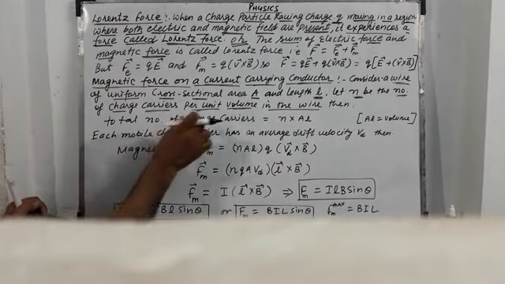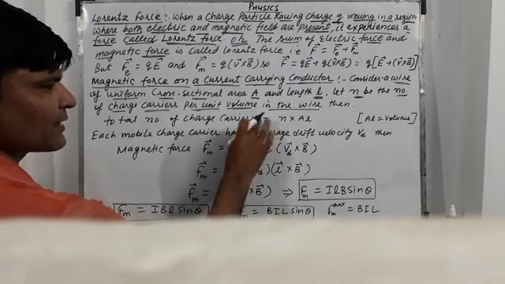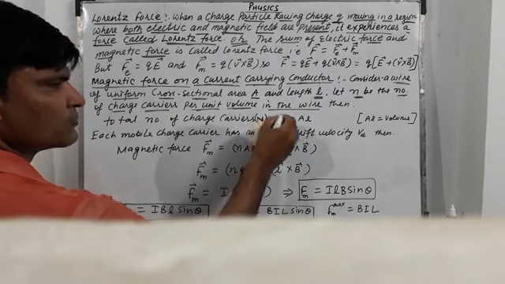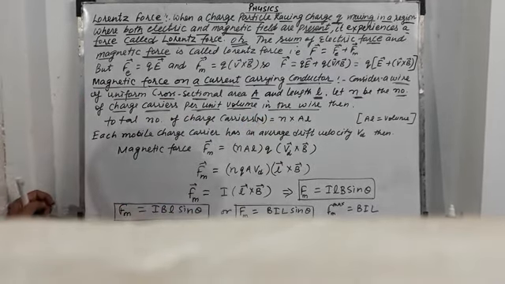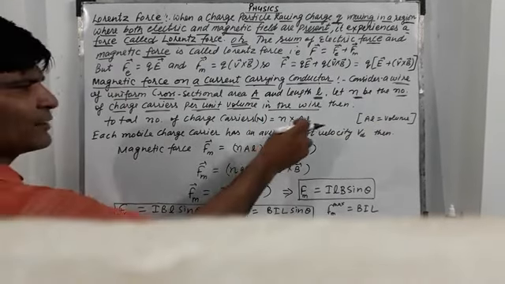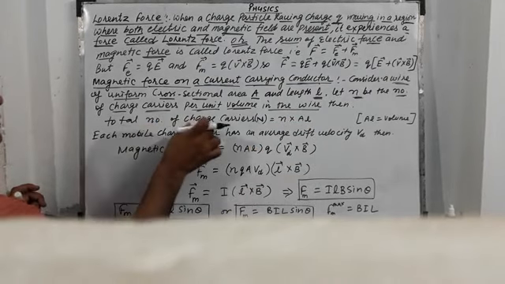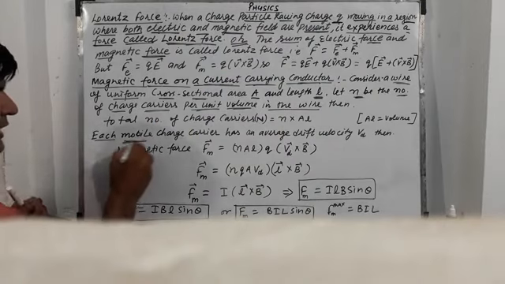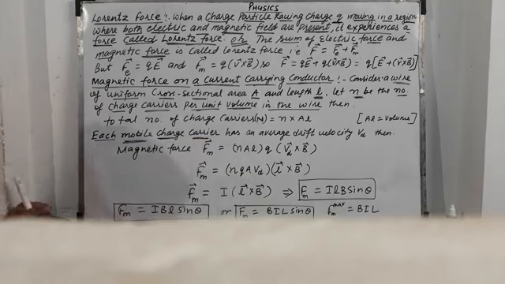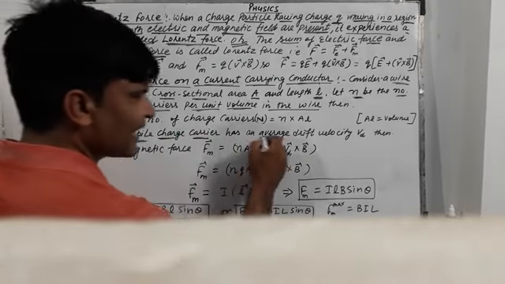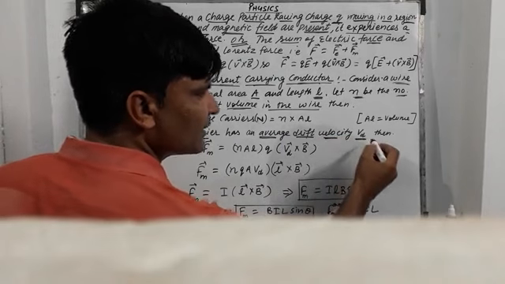Then the total number of charge carriers, capital N, is equal to small n into AL. AL represents the volume, so n into AL represents the total number of charge carriers. Now each mobile charge carrier, the carrier which is moving, has an average drift velocity vd.